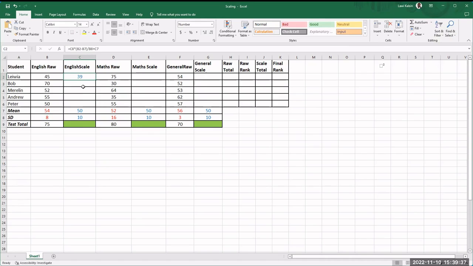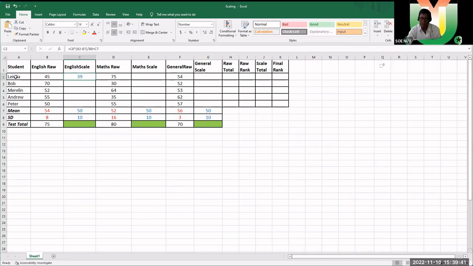So Lewis's score now is 39 in the scale score, but the raw score is 45. We know 50 will be higher than 39, and 52, then 55, and then 45 should be the last one.